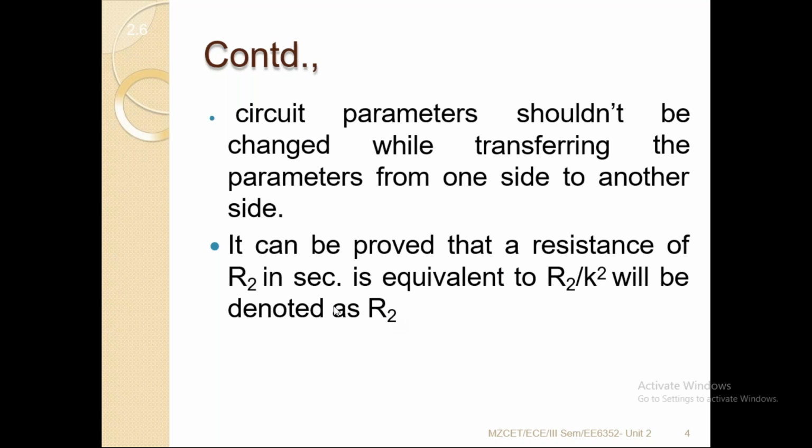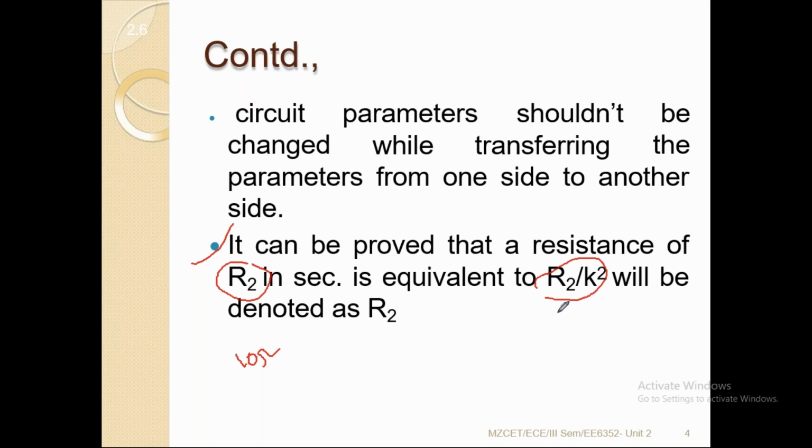Where do we have the R2, in the primary circuit or the secondary? Secondary, right? Now when I want to shift this secondary circuit to the primary, R2 in the primary, suppose it is 10 ohms, becomes R2 divided by K square.